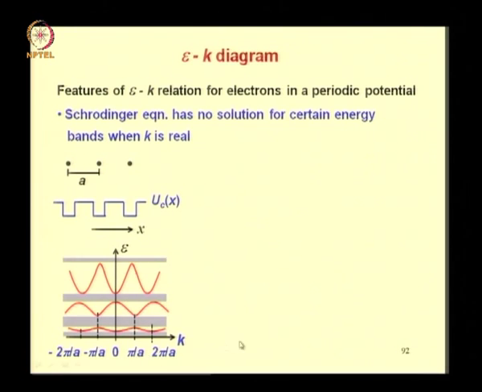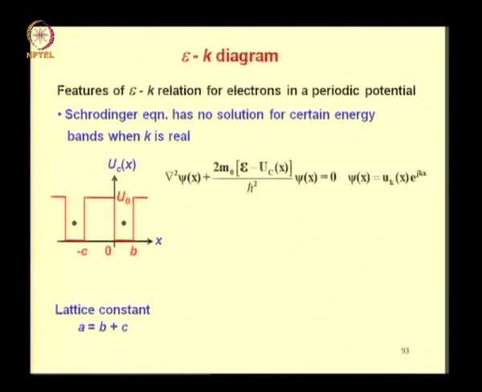Next, the Schrodinger equation has no solution for certain energy bands when k is real. Now, let us see how we show this. Now, this is our periodic potential approximate form. The points here indicate the location of atoms.